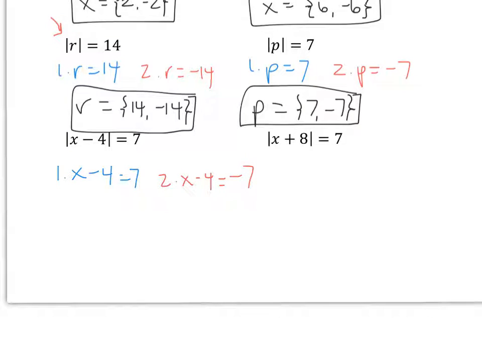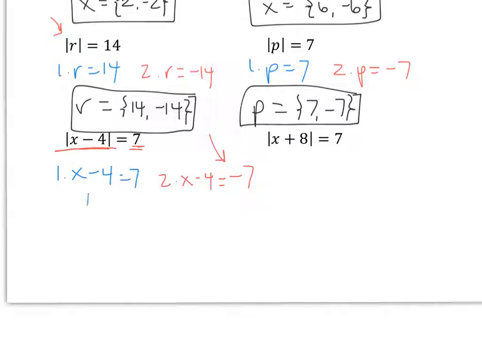So now I'm going to solve both equations. With the second case, I just changed what was on the right-hand side of the equation, not the side with the absolute value, and that could be -7. So what started in the absolute value could have been positive, and then my absolute value turns into 7, or it could have started out being negative, and then it turns to a positive 7 anyway.